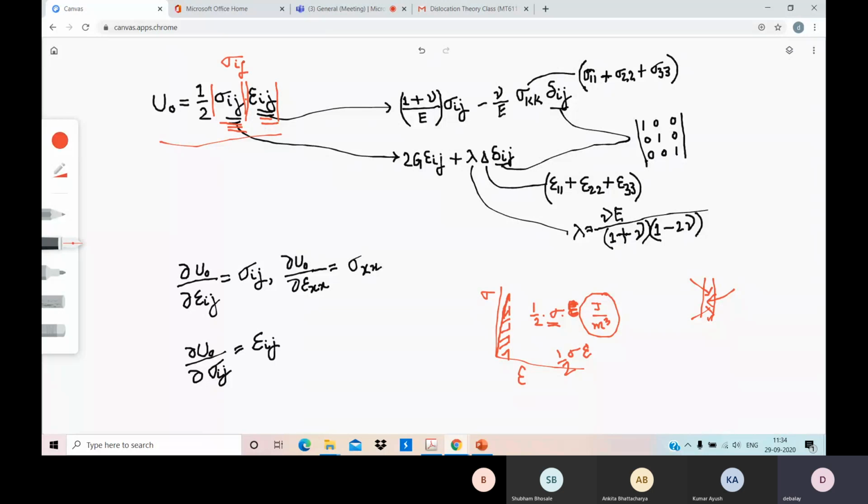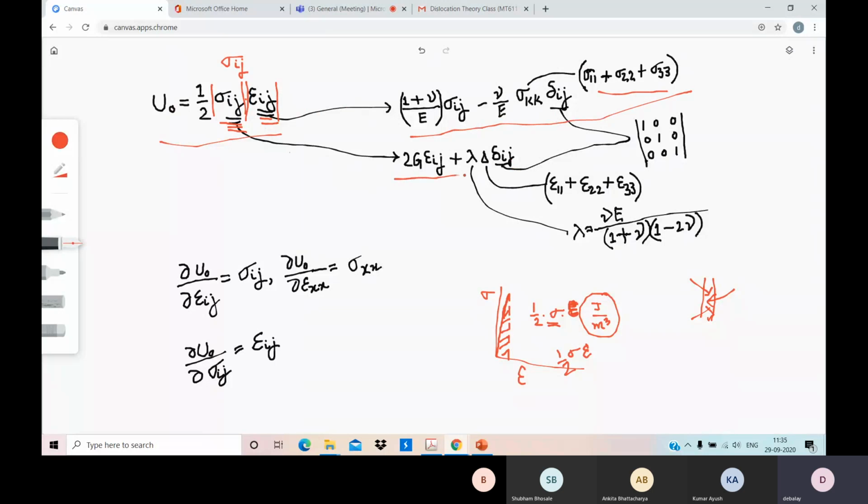I know the relation between stress and strain. So strain tensor terms I will write in the form of stress tensor terms: (1 plus nu) by E sigma ij minus nu by E sigma kk delta ij. Delta is the Kronecker delta, sigma kk is the sum of the normal stresses, as I have told. The entire expression will be full of stress tensor terms. And if you have the stress tensor values, you can calculate it as a number per unit volume.